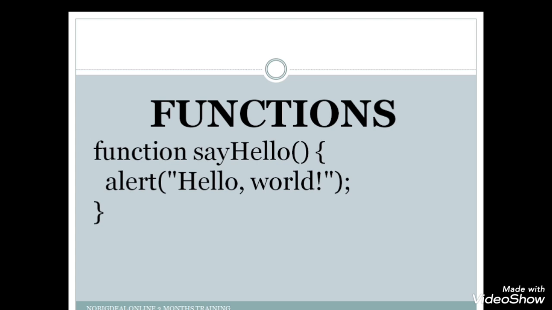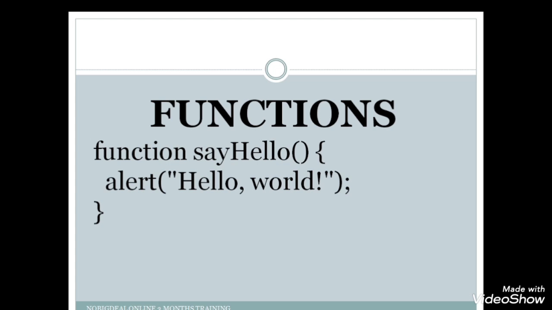Then another thing here is alert. This particular alert allows us to pop up a message box. So when you run this code and you call the name of the function, you cannot just run it like this, it won't answer you.